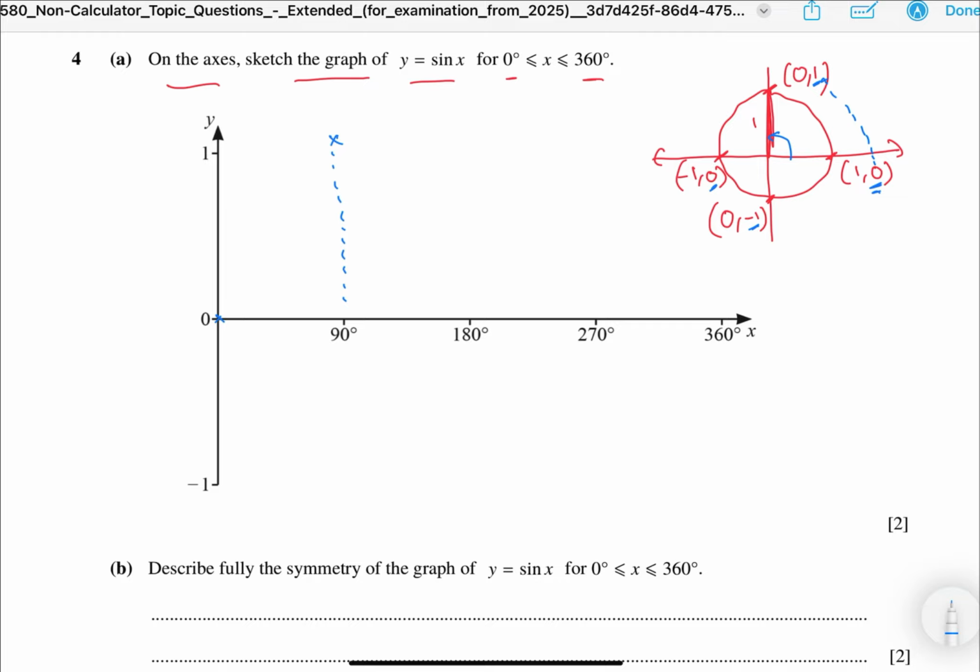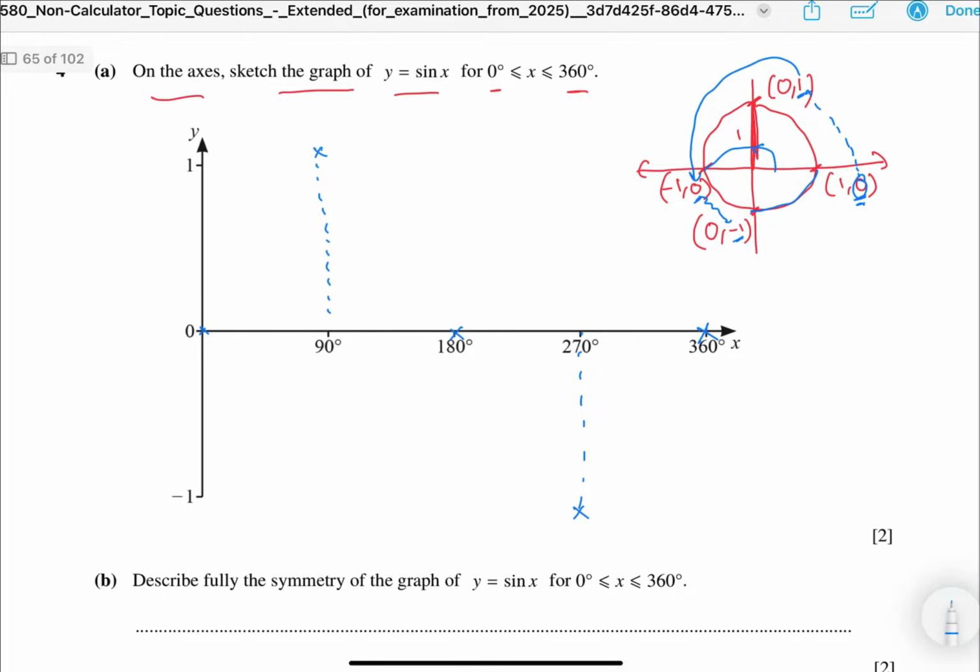Then when it goes to 180, the value goes from 1 back to 0. Then when we reach 270, it becomes negative 1, and at 360 degrees it is again 0.